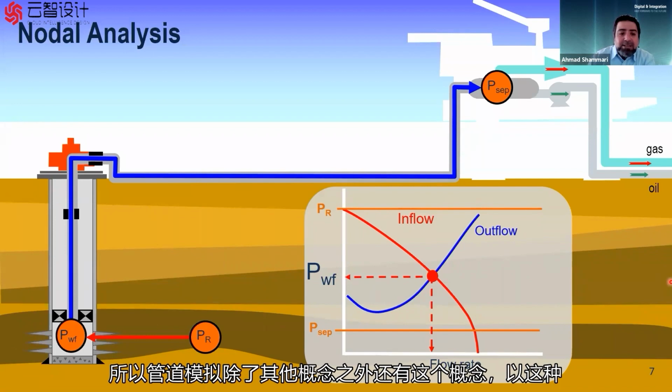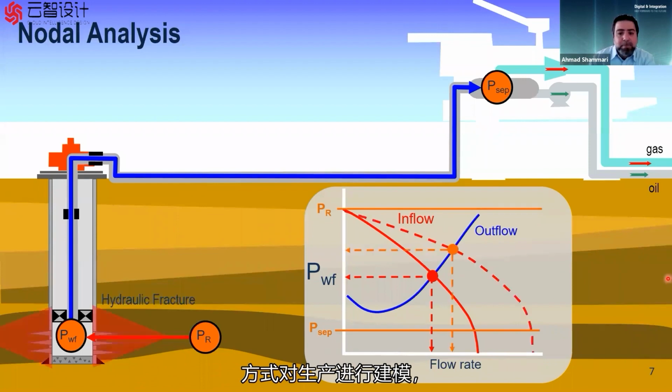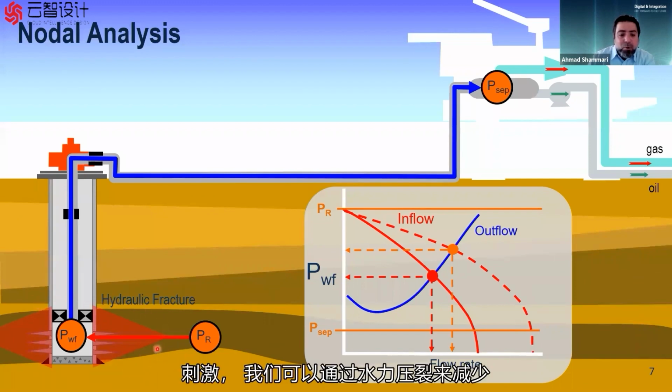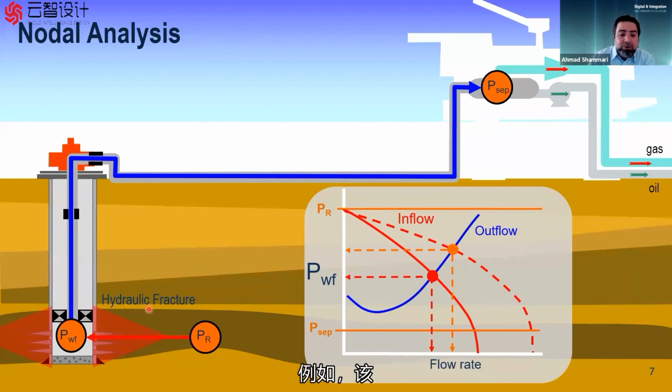So PIPESIM has this concept, in addition to other concepts, to model the production in the well. For example, if we do production stimulation, where we can reduce the pressure drop or the drawdown in the completion via hydraulic fracturing, this IPR curve will go up, and then the intersection between the inflow and the outflow moves to the right, so we have more production.